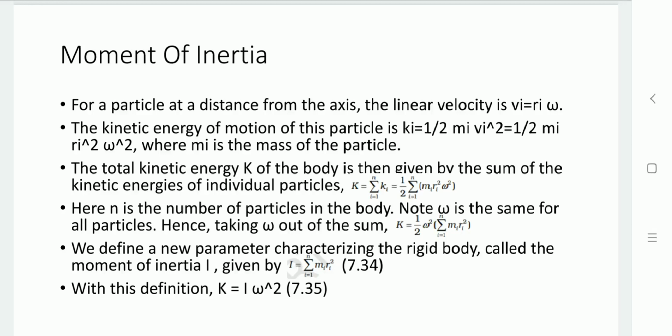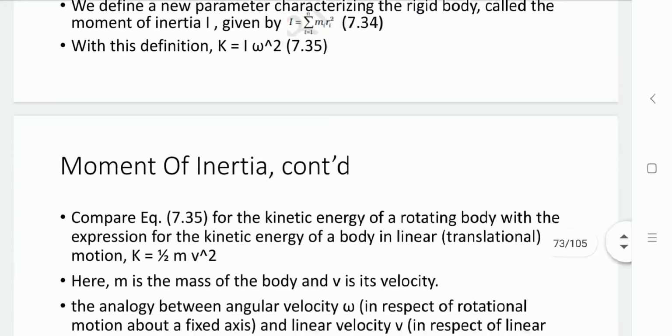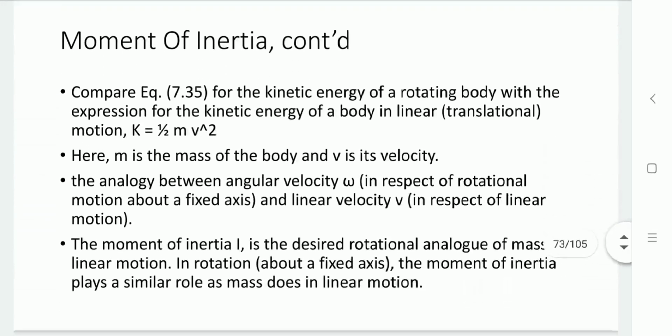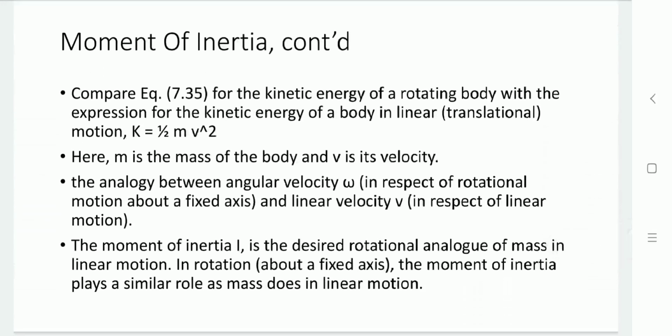So here, when we compare this with the equation of kinetic energy of the rotating body, K equals 1/2 mv squared, that is the linear motion kinetic energy.